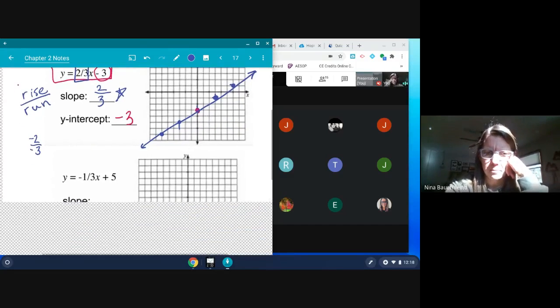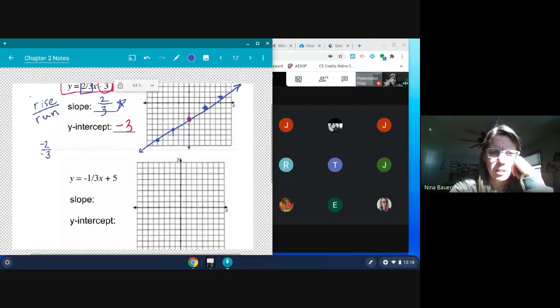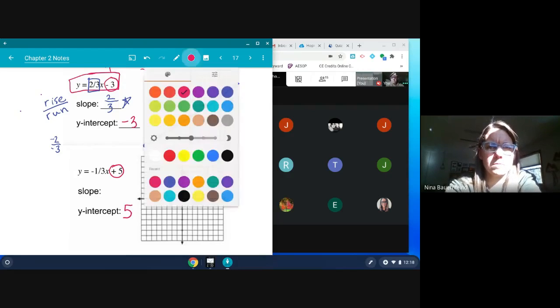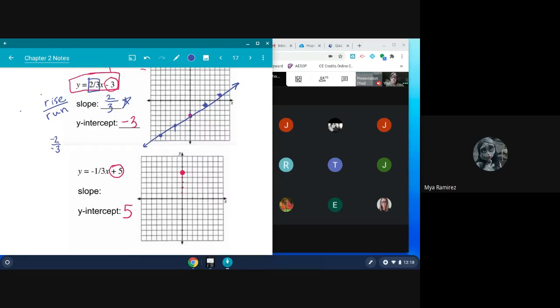So first step for this next one, can you tell me what is the y-intercept for this one? 5. Yep. So we're going to go up 5: 1, 2, 3, 4, 5. And then what is the slope? -1/3.